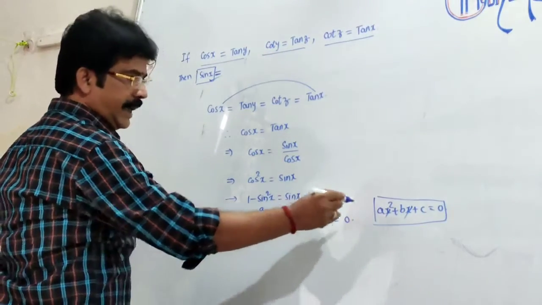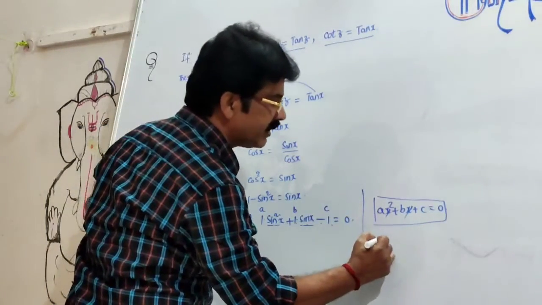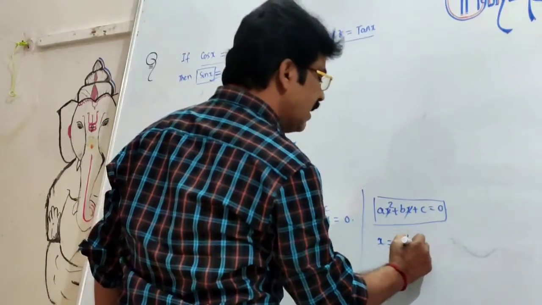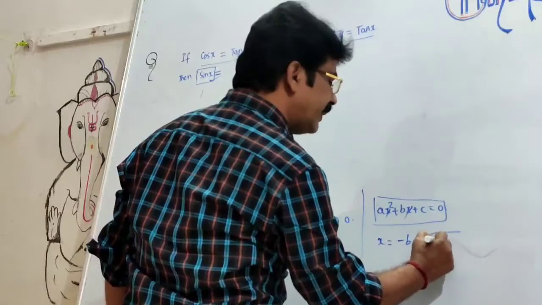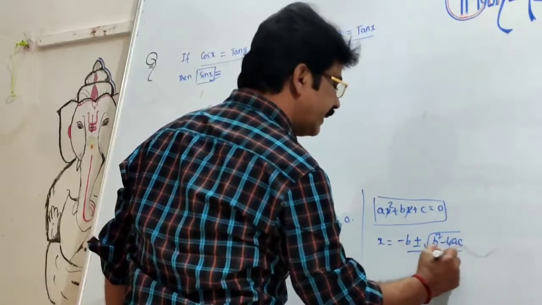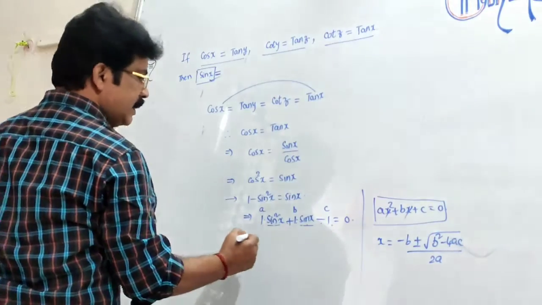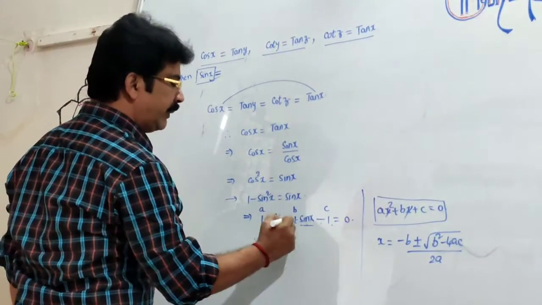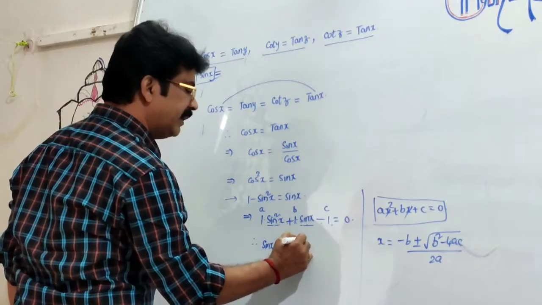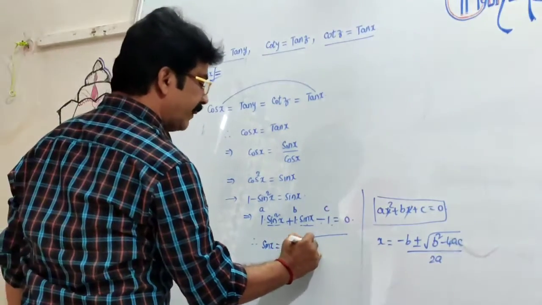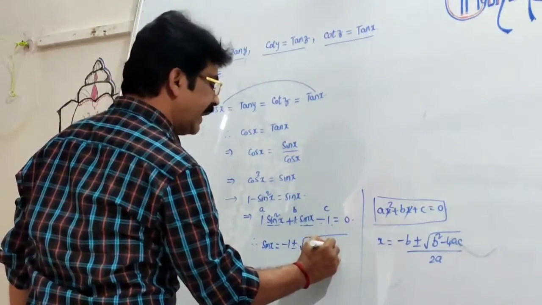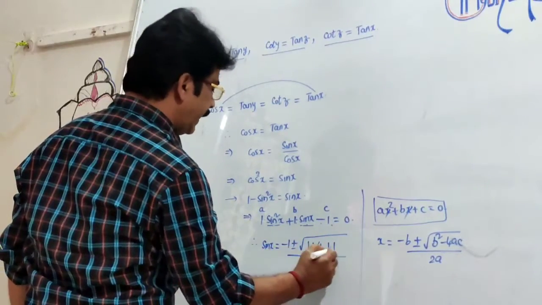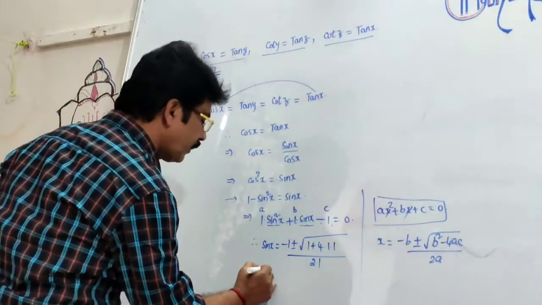For this quadratic equation, what is the root? x equals minus b plus or minus root of b square minus 4ac, divided by 2a. So sin x equals minus b plus or minus root of b square minus 4ac, with c as minus 1, minus into minus giving plus, divided by 2a.